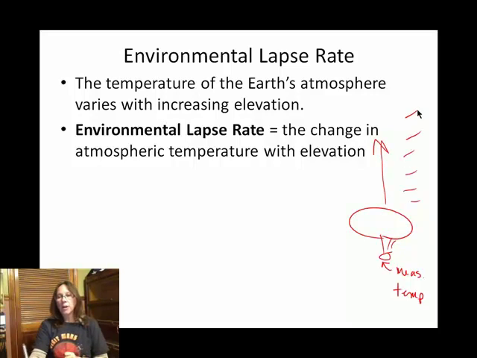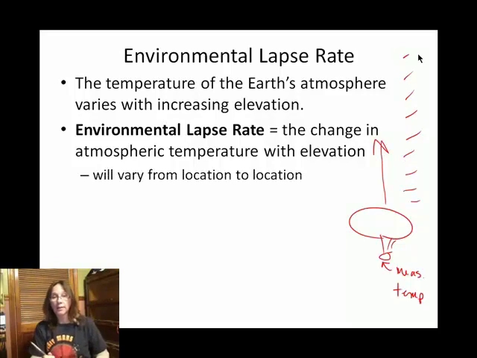So then you get a vertical temperature profile of the air. Now, the thing about the environmental lapse rate, and I've seen it abbreviated ELR, is that it varies.